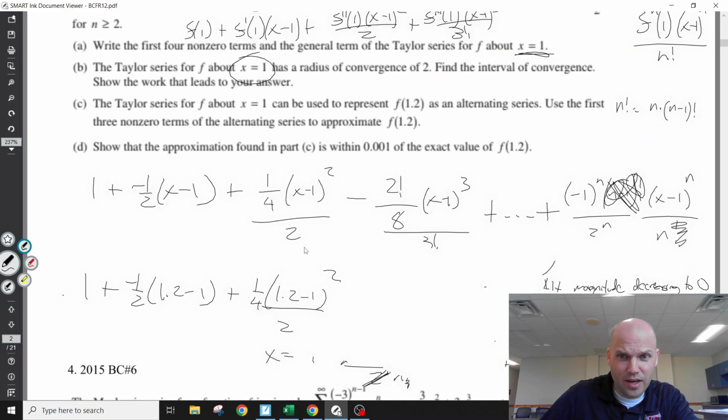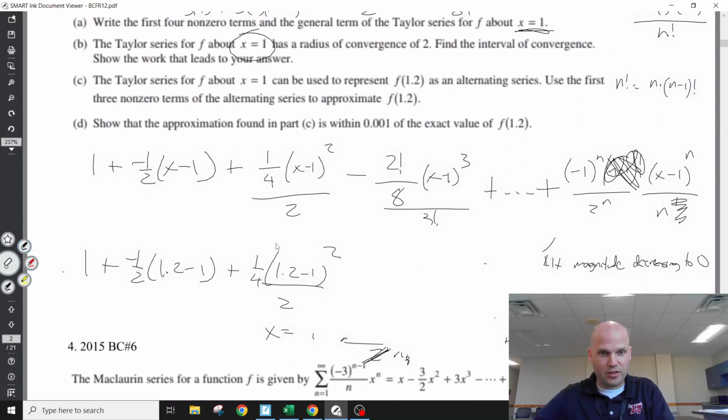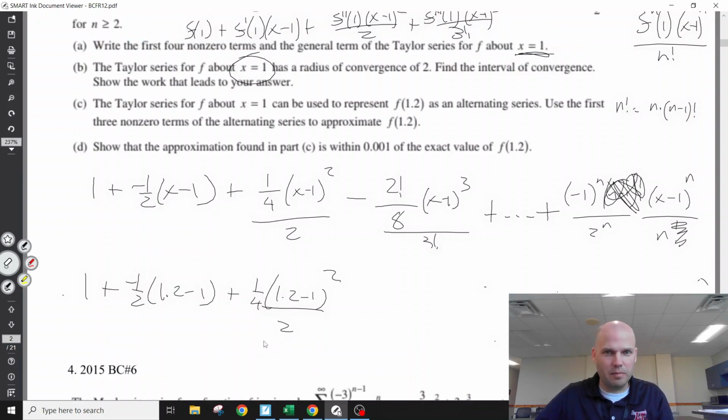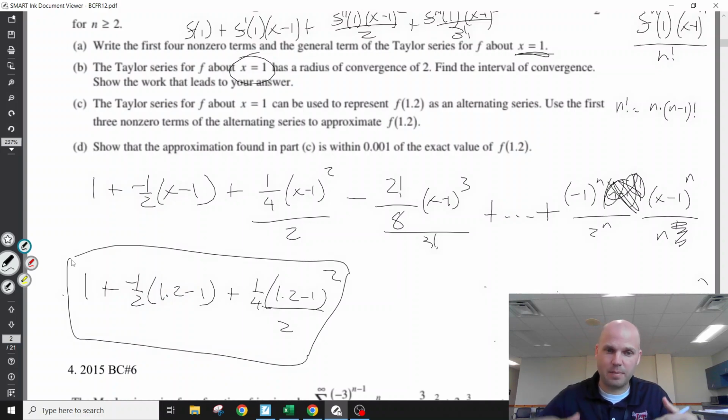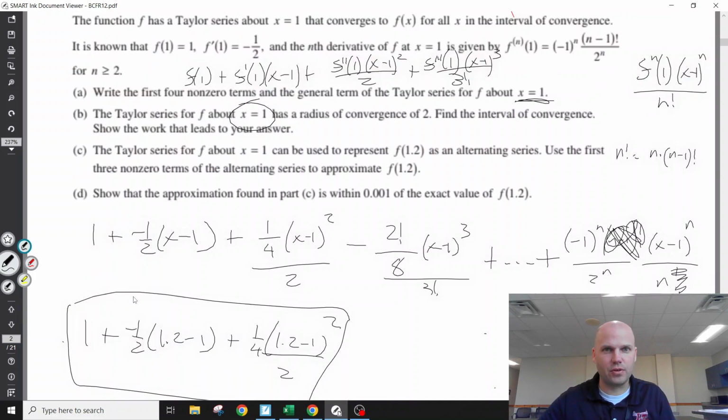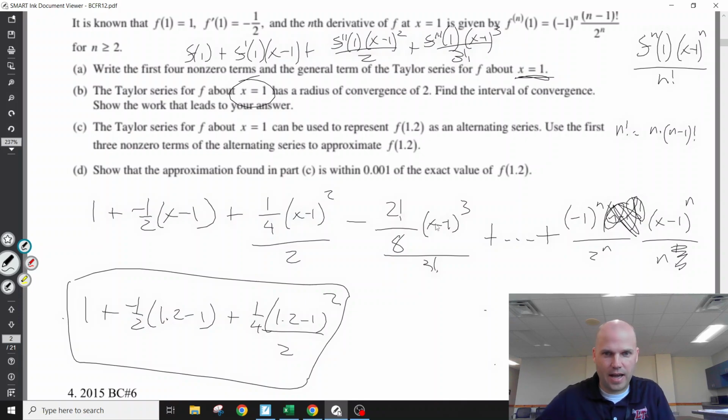Alternating series error bound. Again, literally every single question in the last 3 years had the alternating series error bound. So you're using 3 terms to approximate a value. It's got to be within the next term's amount. The next term is that.